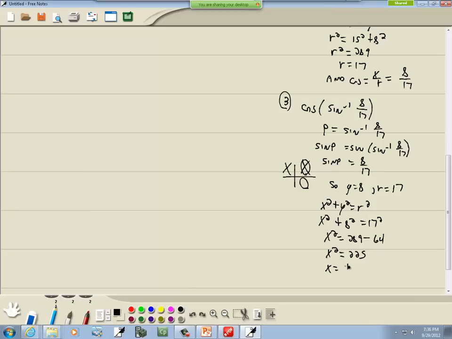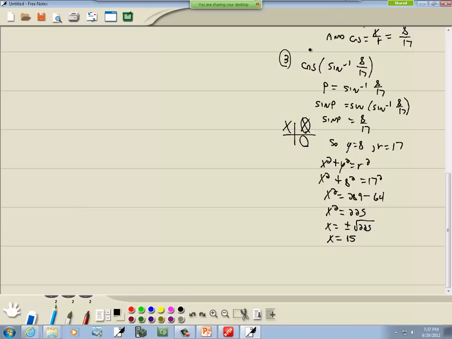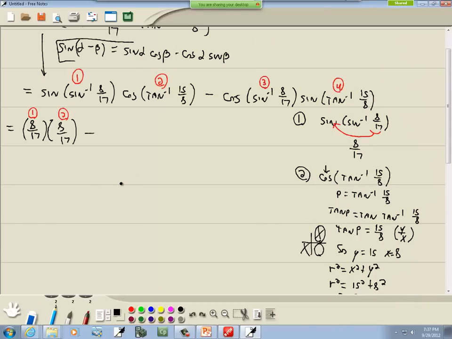So we get x is equal to plus or minus the square root of 225, which is I think 15 squared. Yep. So we got plus or minus 15, but since it's in quadrant 1, it's positive 15. And again, we're trying to find the outer trig function, this one right here. So cosine is x over r, which is 15 over 17. So this next one's 15 over 17. Now our fourth one.